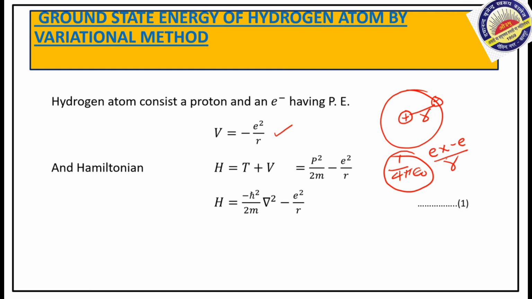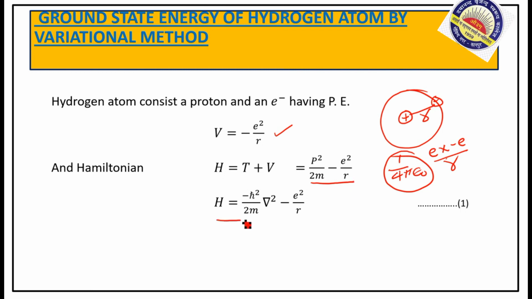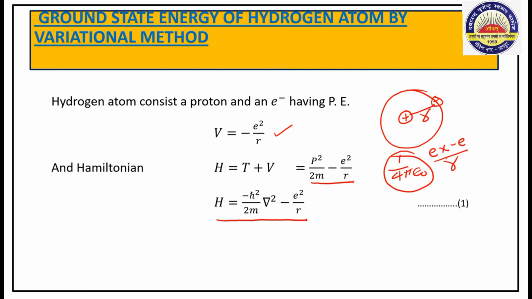So the Hamiltonian of the hydrogen atom is given by p squared by 2m minus e squared by r, and this can also be written in operator form as minus h cut squared by 2m del squared minus e squared upon r.